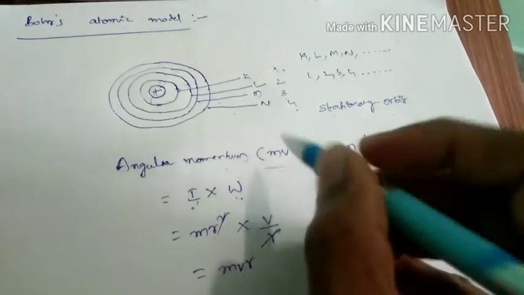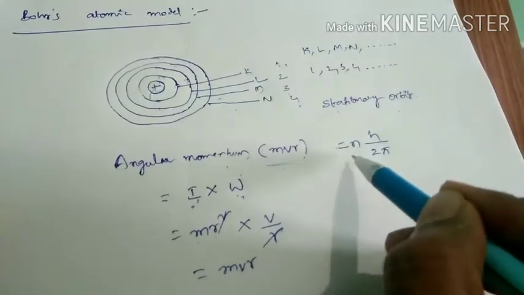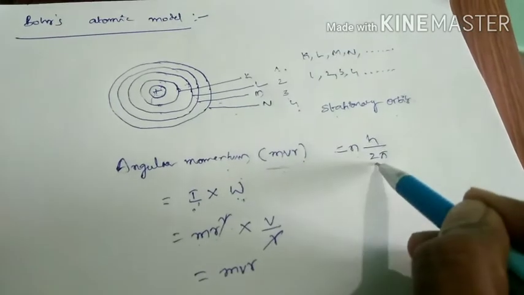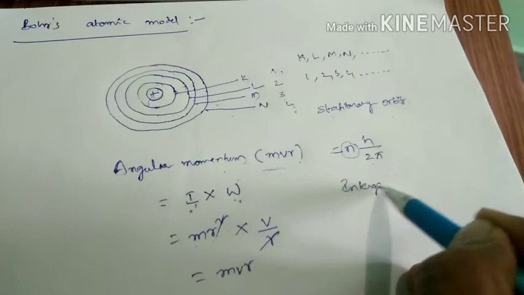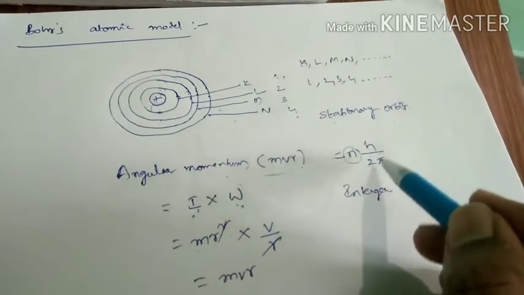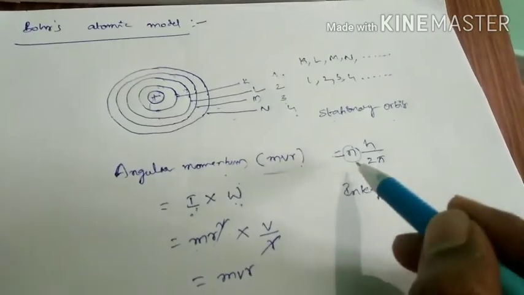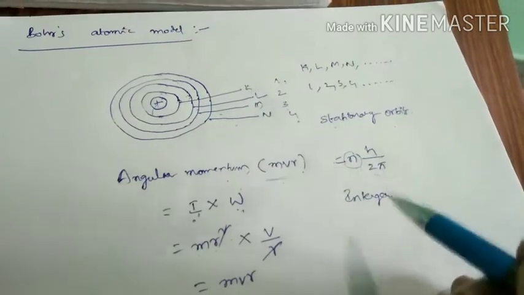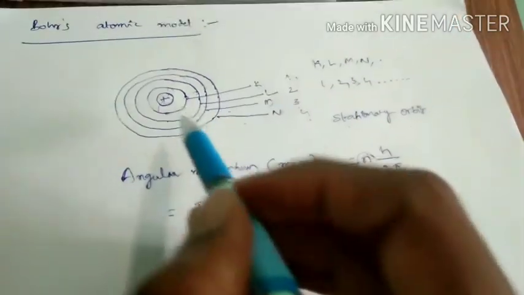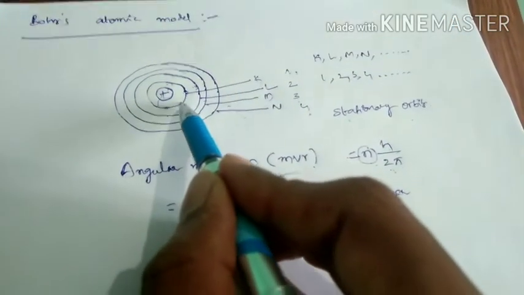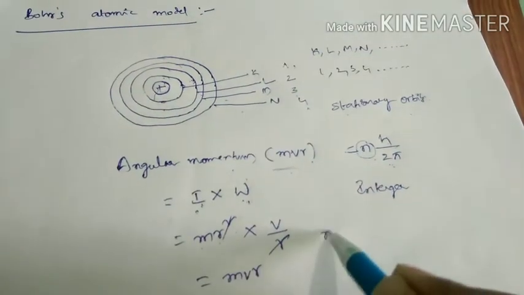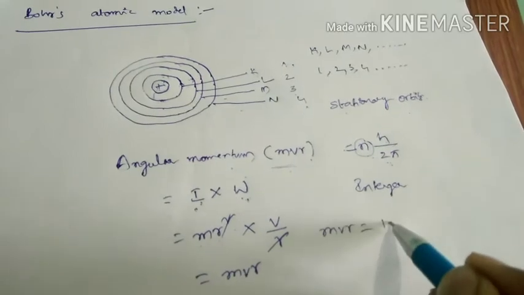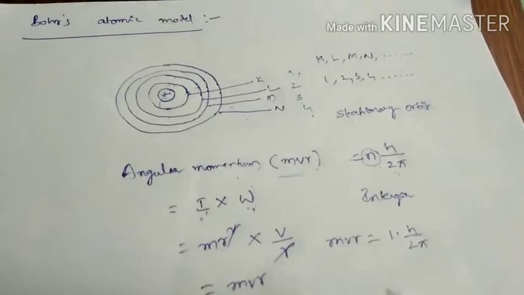That is, angular momentum mvr is equal to n into h by 2 pi, where n is an integer. Suppose the electron revolves in the first orbit, then angular momentum mvr is equal to 1 into h by 2 pi.